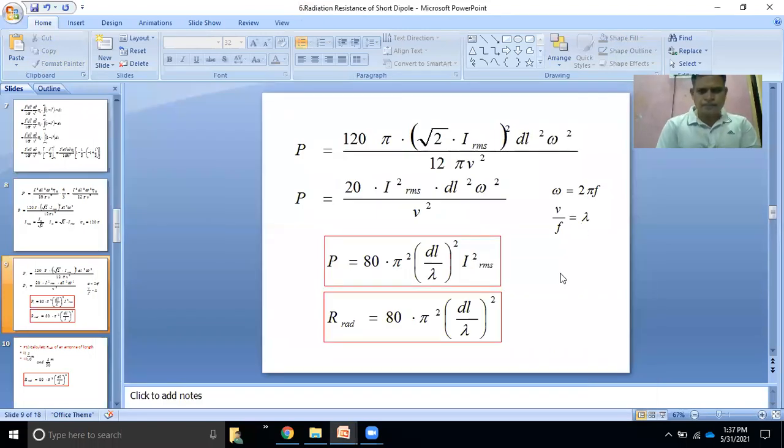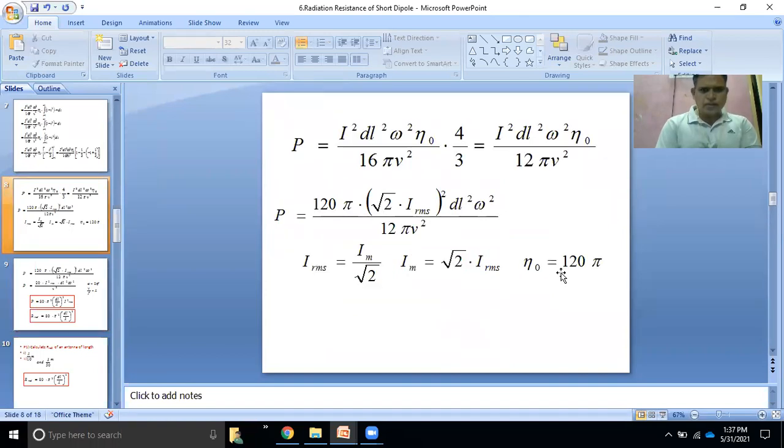By substituting this, actually this is the power equation. Here we are substituting I_M, the maximum current, in terms of RMS. We simplify by substituting all these terms, eta naught and I_M in terms of I_RMS.